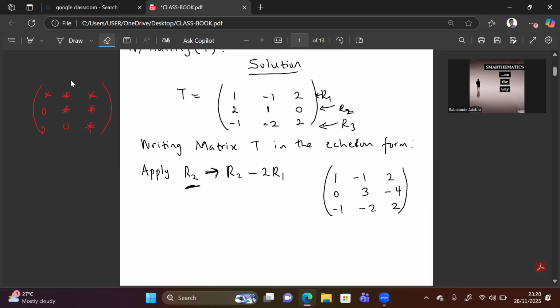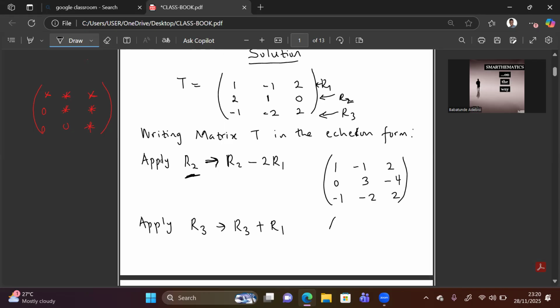Okay, what if I apply R3 now? This means that I want to change my R3. And how do I want to do that? By adding R3 and R1. I want to change my R3 by adding the existing R3 with the R1.